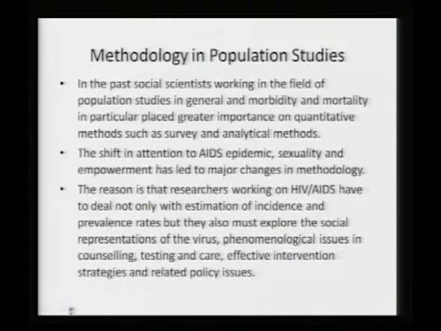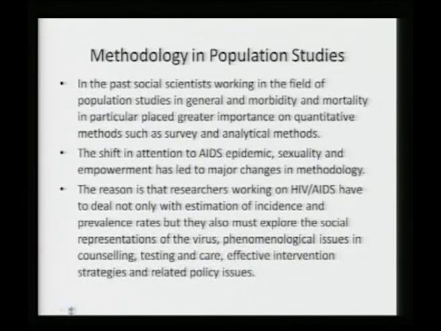And now, in this study of HIV, it is not merely rates, we have to understand behavior, meaning, we have to understand social representations of health and illness, we have to understand representations of masculinity or risk behavior, why do people indulge in risk behavior. So, there is a shift in attention to HIV AIDS epidemic, sexuality and empowerment, which has led to major changes in methodology.